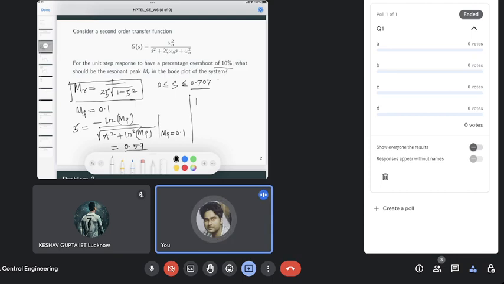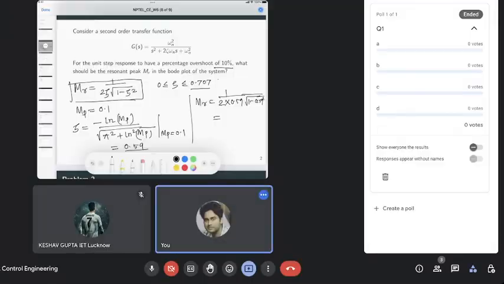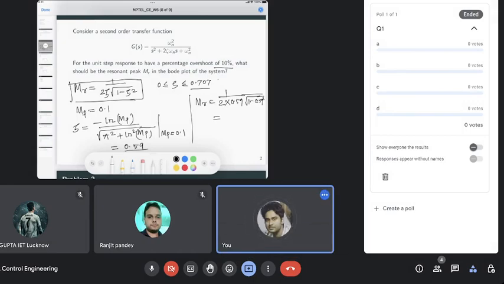So MR will be 1 over 2 times 0.59 times the square root of 1 minus 0.59 square, so it's around 1.05.